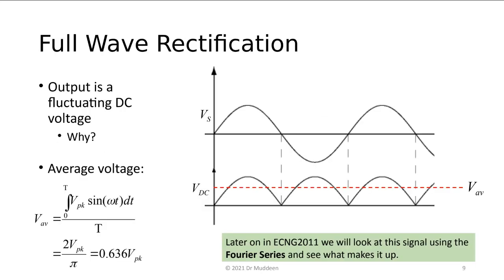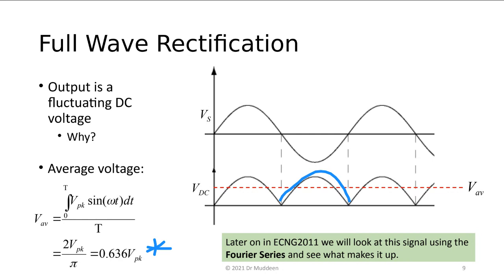Right, so again, we're back to the fluctuating DC, except that this time we have been able to get in the missing half of the cycle from the half wave case, and now the DC value is about 0.636 times V peak. So we have a little more available DC coming into use.